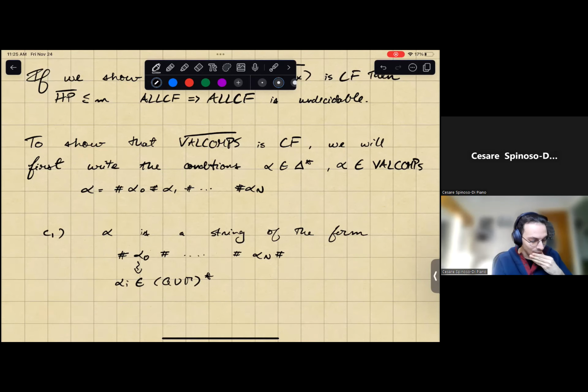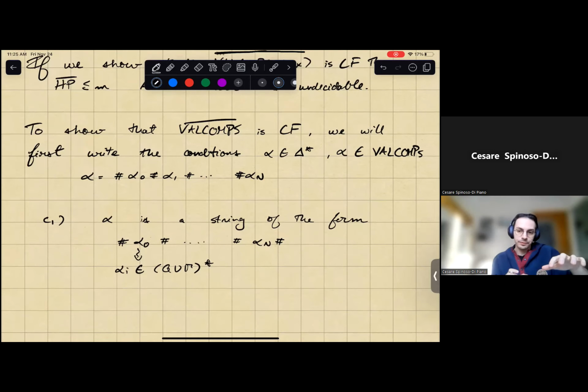This is an atomic condition, so it doesn't capture the whole essence of what it means for a string to be a valid computation history, because this condition would also allow a sequence of hashes, since alpha i could be the empty string. But that's okay, because when we intersect, through all the intersections we're going to get the actual proper definition of a string being a valid computation history.